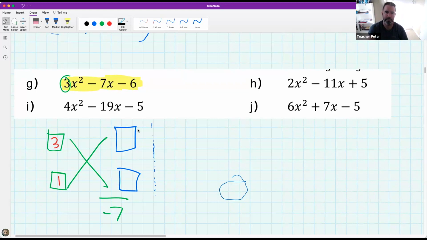So you remember you have to balance the minus 7. That's your balancing term. But take what you've learned so far and see if this can help you. So 6, it's either going to be 3 and 2 or 6 and 1.